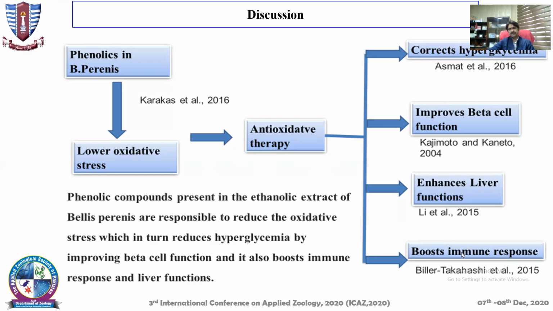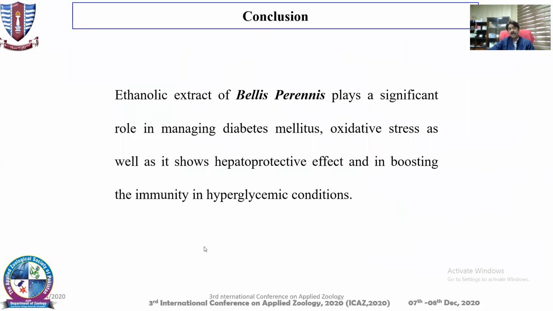Collectively, all of these effects were helpful and responsible for reducing the oxidative stress, which in turn reduces the hyperglycemia by improving beta cell function, and it also boosts the immune response and the liver function as well, which is a very good sign.